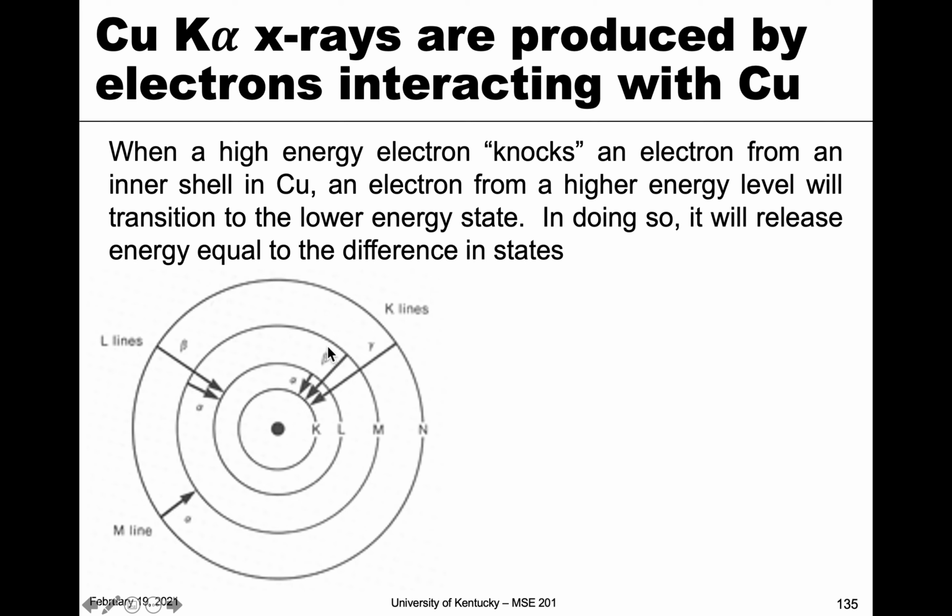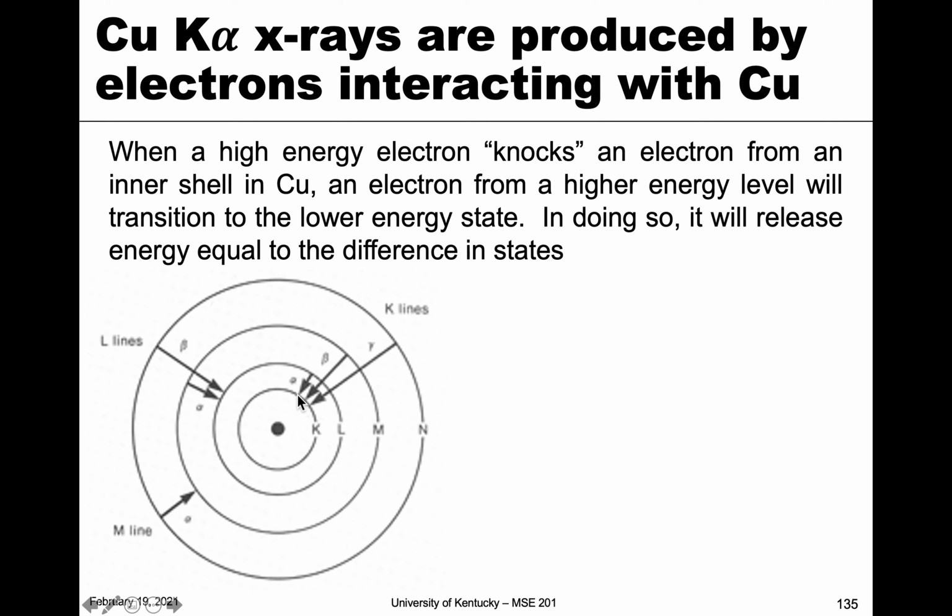The most typical X-ray used is known as copper K alpha, a specific, monochromatic wavelength, and we get that when a high energy electron hits the copper atom and knocks out an inner electron from one of these inner shells, for example, an electron here in the K shell.